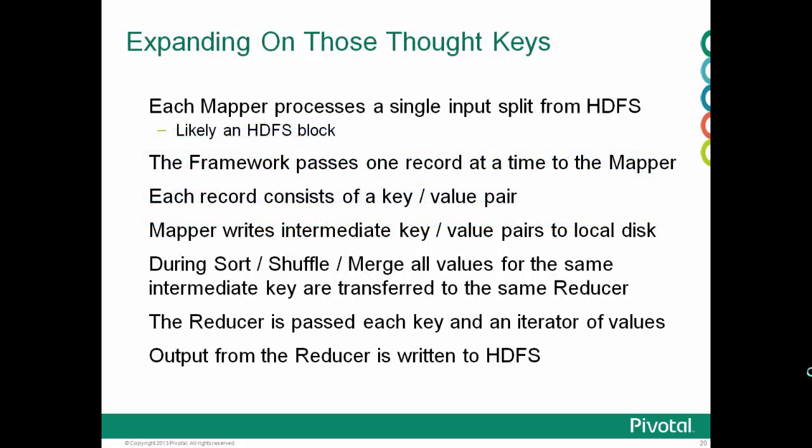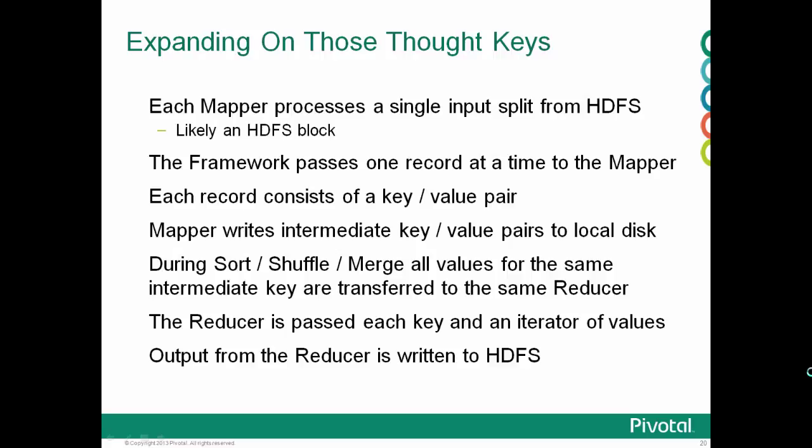If we take those thought keys mentioned a bit earlier and expand on them here, each map processes a single input split or block of data from HDFS. The framework passes one record at a time, which will be a key and a value pair, to the mapper. The mapper will write intermediate data in the form of key value pairs to local disk.